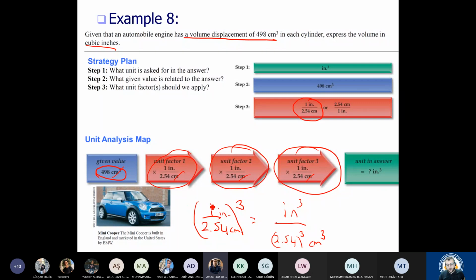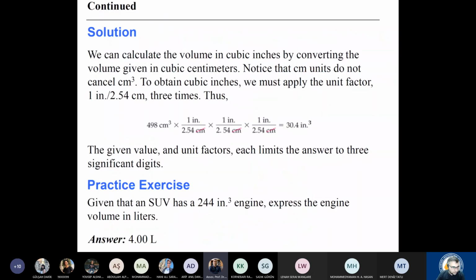Yes, you can also multiply like that. And when you multiply the numbers, you can find your answer in terms of inch cube.